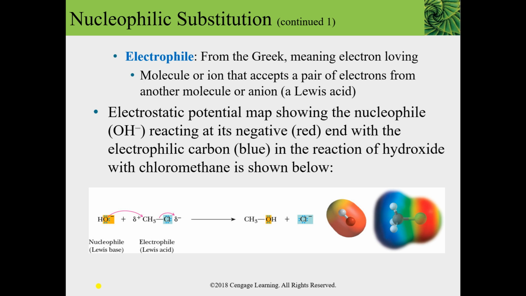So if we look here at just an example, we have our nucleophile, which is the hydroxyl group. It's got a lot of electrons with that oxygen, and it's going to come in and attack the carbon, which is the electrophile, and kick off the chlorine. And in the end, what we get is a chlorine atom all by itself, and that hydroxyl group is now attached to the carbon group.